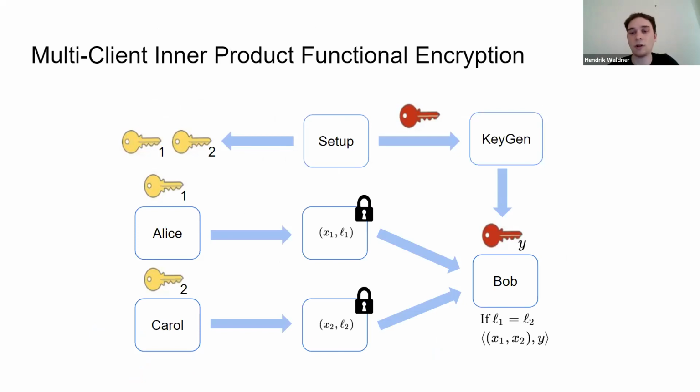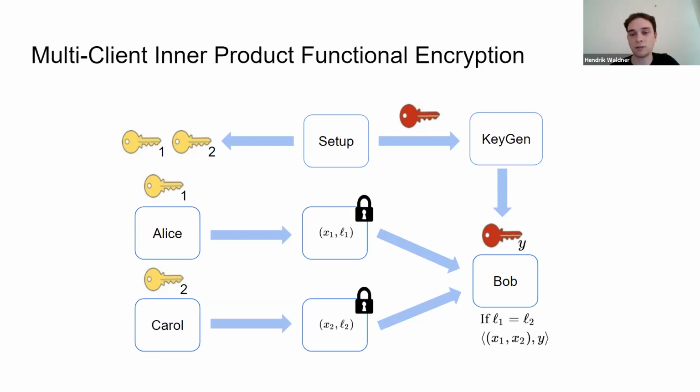And then if another party, Bob, receives these ciphertexts and he has a functional key associated with the vector Y, which is generated using the master secret key that the setup algorithm has output in the beginning, and a key generation procedure together with the vector that should be associated with the functional key, in our case, Y. Then Bob is able to compute the inner product between Y and the concatenated messages of Alice and Carol, under the additional condition that the labels that Alice and Carol have used for the encryption are the same.